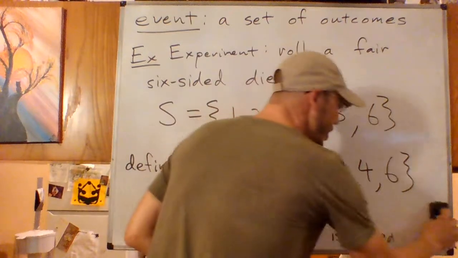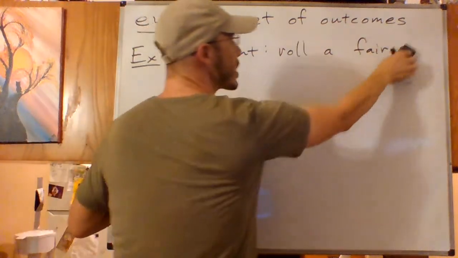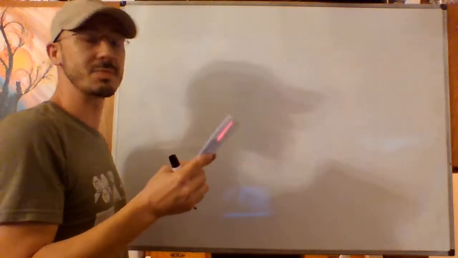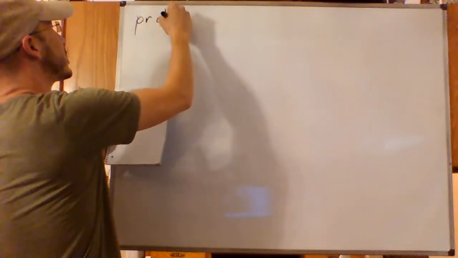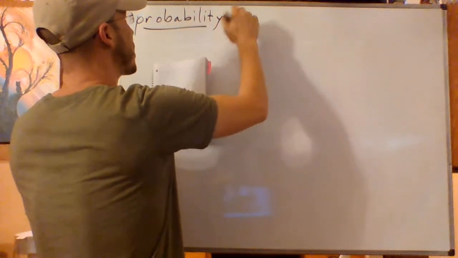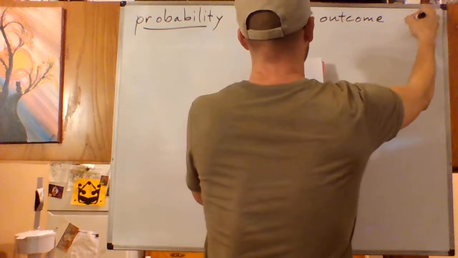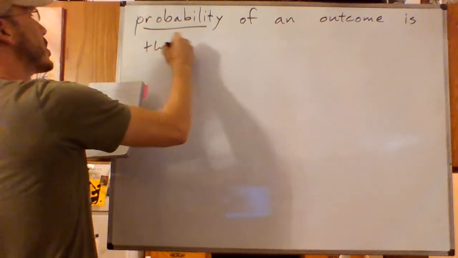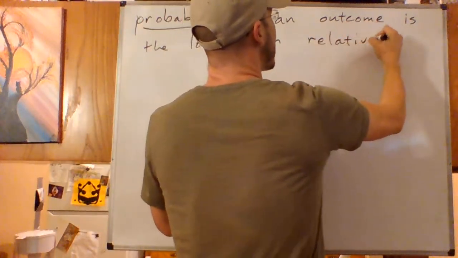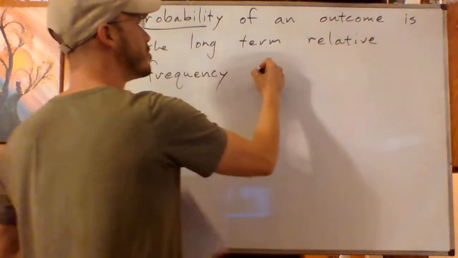So I have another description for what the word probability means. Other than the subject of studying randomness, probability as a number has a specific meaning, and it's this: the probability of an outcome is the long-term relative frequency of that outcome.